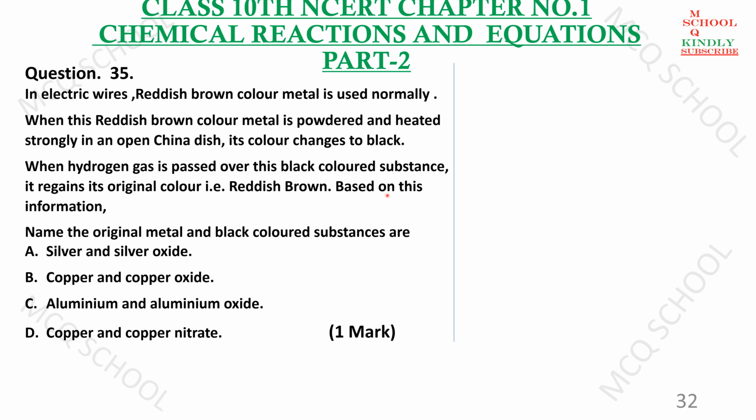Based on this information, name the original metal and the black colored substance. Options are A. Silver and silver oxide, B. Copper and copper oxide, C. Aluminum and aluminum oxide, D. Copper and copper nitrate. So what's the answer as per you?